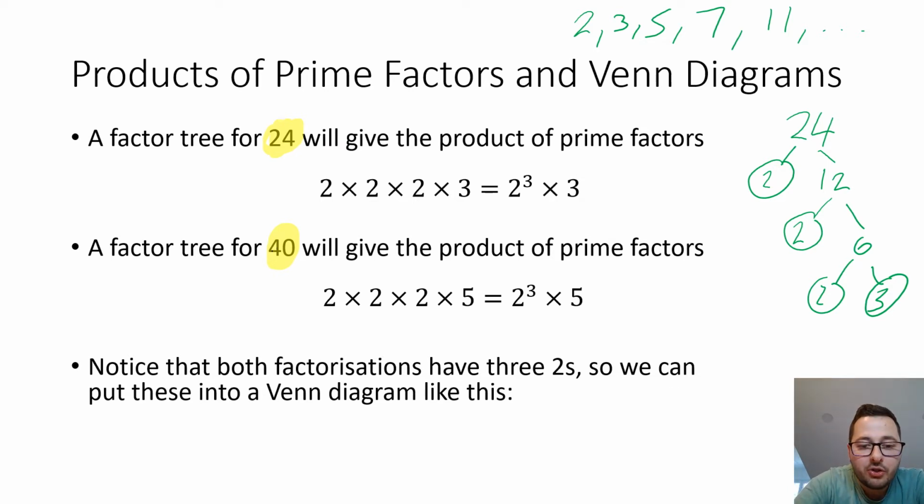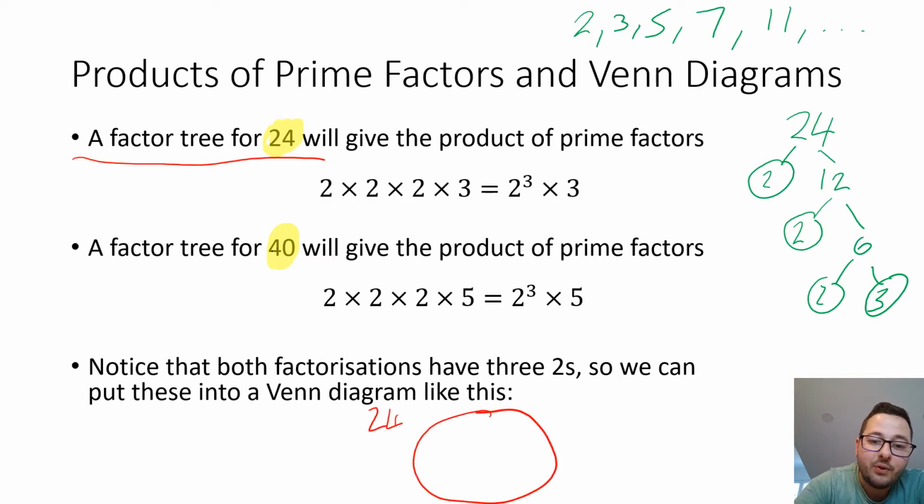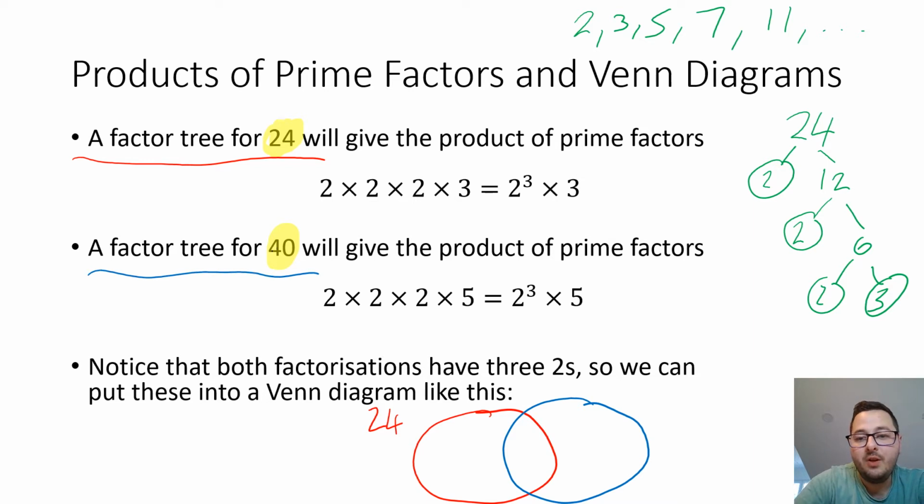Let's use a couple of different colours. Let's use red for 24, so I'm going to have that as 24, and let's have blue for 40. Now in the overlap of the Venn diagram are all the numbers that are in both. Both numbers have 2 cubed, or three 2s.